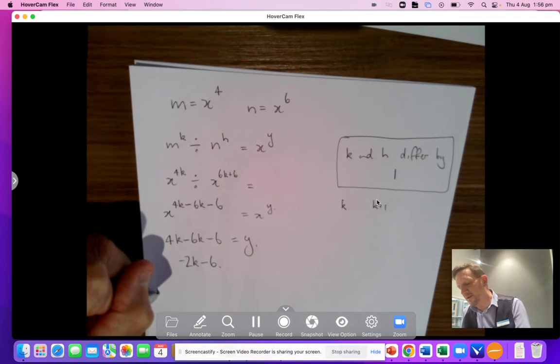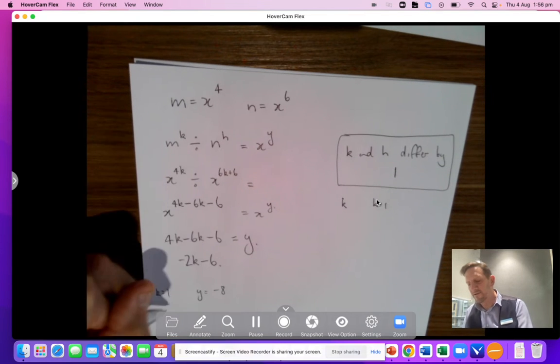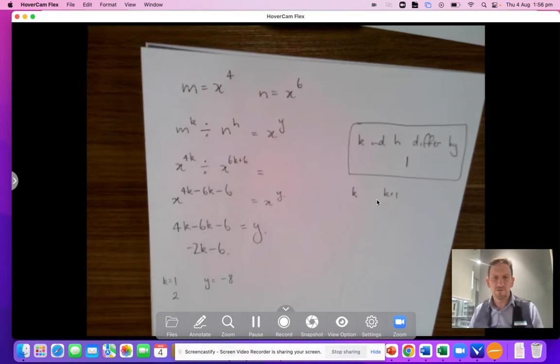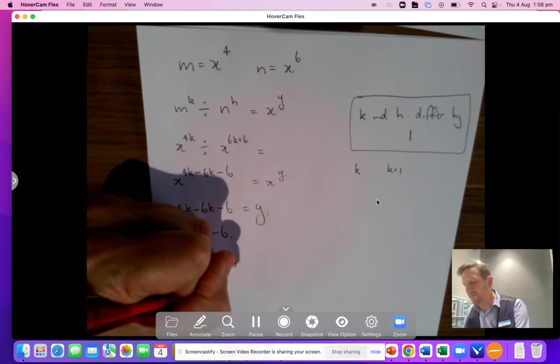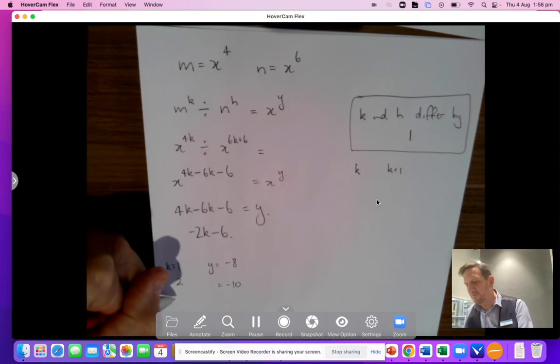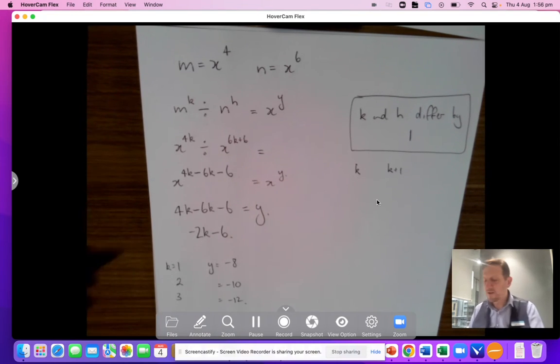So when k equals 1, you get y equals minus 8. When k equals 2, what do we get? We get minus 4 minus another 6, so minus 10. When k is 3, we get minus 12. You can check that if you want. So in this case, we're getting negative answers. We're getting minus 8, minus 10, minus 12, minus 14.